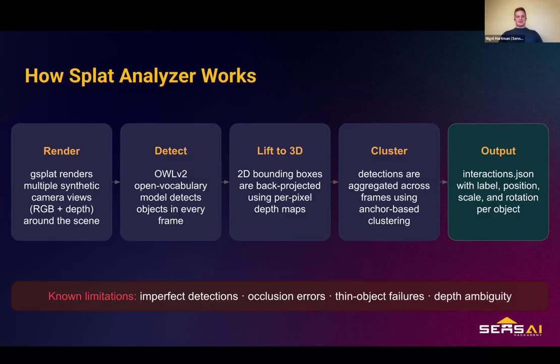They built this Boxer net, and we reuse that to get the 3D bounding boxes. And everything we do after that is clustering these bounding boxes together so that we get the correct position. And then we output to you a JSON file, which gives you the 3D position of the objects in the file, a label like monitor, plant, etc., and also the scale and rotation of the object.